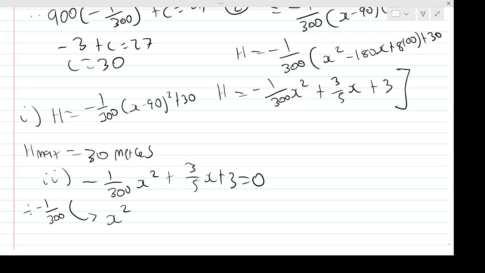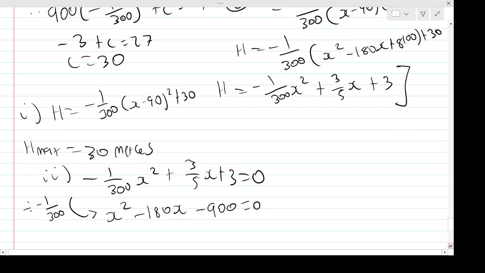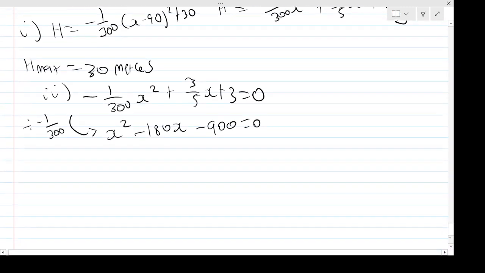So I'm going to get x squared, then 3 over 5 divided by minus 1 over 300 will be minus 180 x. And then 3 divided by minus 1 over 300 is minus 900 equals 0. Okay, so a lot nicer to work with without the nasty fractions.